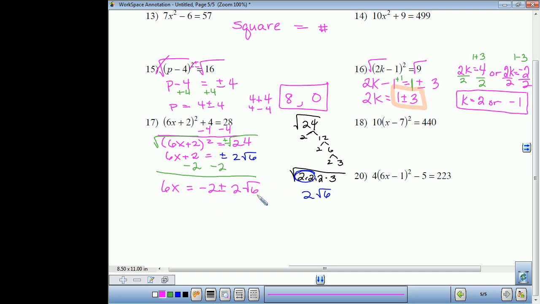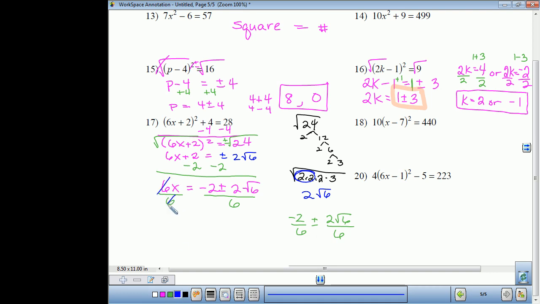We can put them together, but we can't combine them into a single term. Okay? And what is the last step, guys? Divide by 6. So that would be x equals. Oh, all of it? You could write it this way, or you could write it like this. We could write it either way.